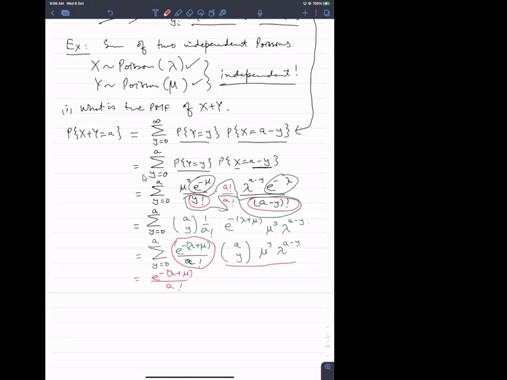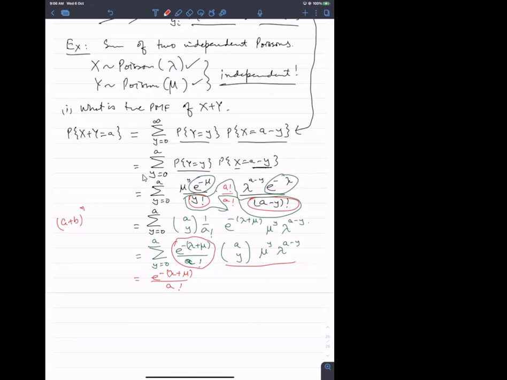What is this? Recognize it. Does anyone remember the expansion of a plus b power n? That's the binomial expansion.